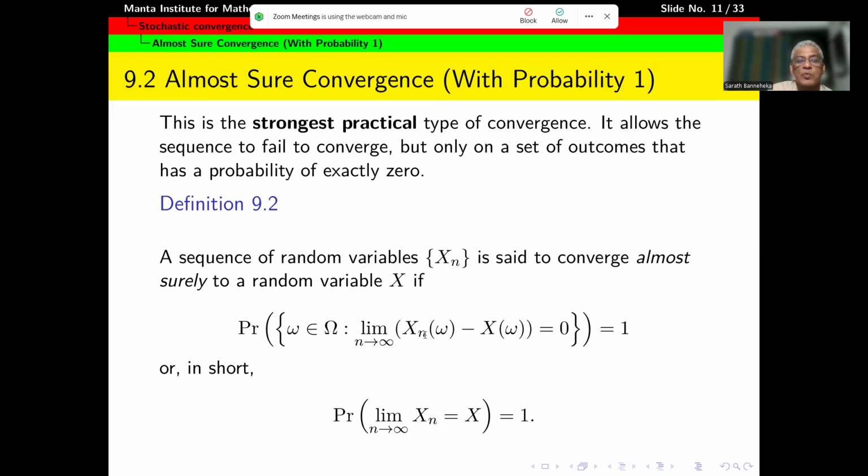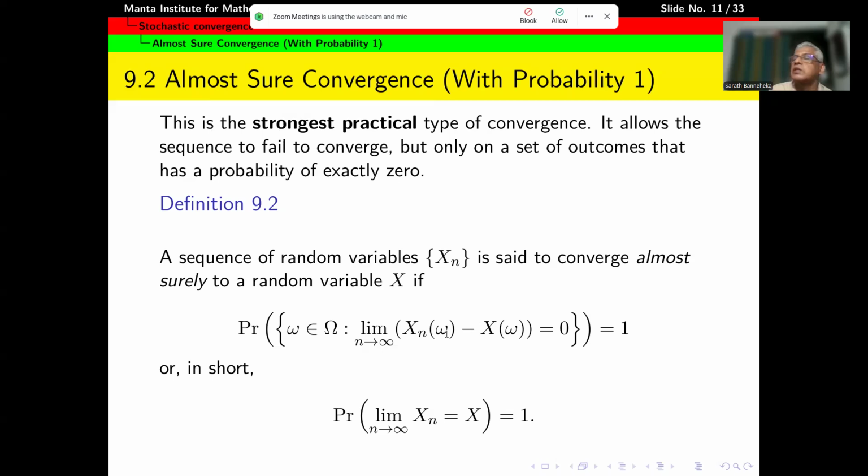When you consider X_n(omega_1) minus X(omega_1) as n goes to infinity, it becomes 0. X_n(omega_1) is a real number and X(omega_1) is a real number, so the difference between those two will be a function of n. As n goes to infinity, if that goes to 0, then that condition is satisfied, so omega_1 will be in a particular set.